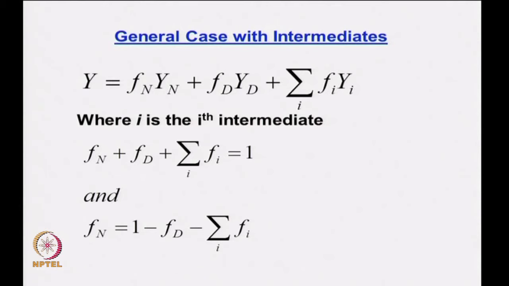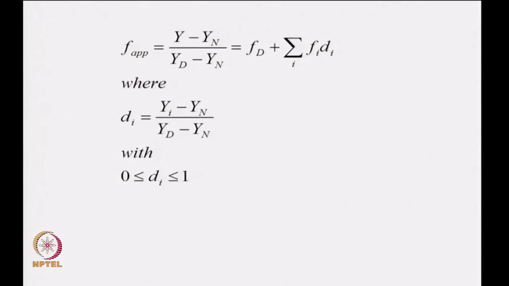Then I go through the same drill. I will again try to relate f_D or f_N to K, get delta G, and go through that fitting routine possibly. So what are the next set of equations? Instead of writing f_N or f_D, I write f apparent. Why do I write f apparent? Because this is not only one denatured state, I can have many intermediates now.